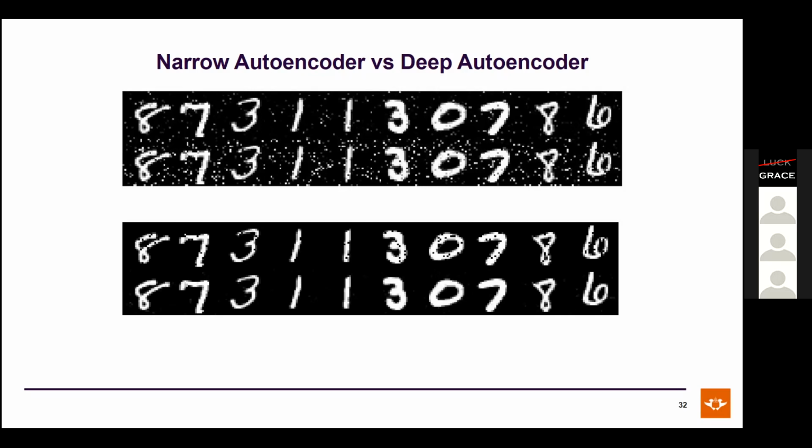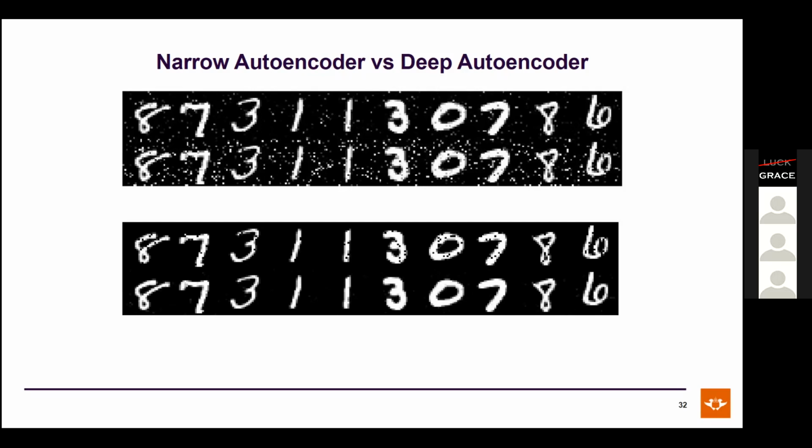Then the top image is actually using a narrow autoencoder with swarm intelligence. At the very top, we're using a narrow autoencoder with particle swarm optimization.